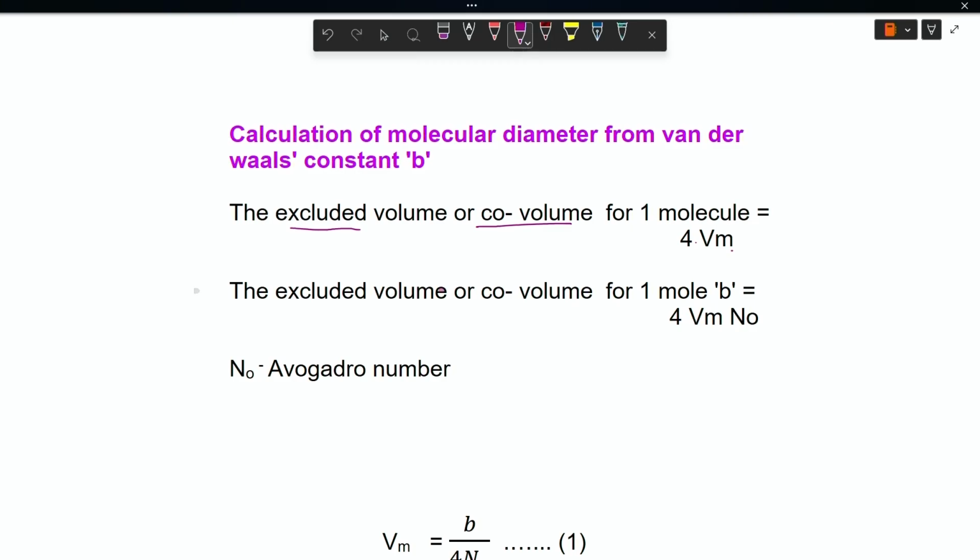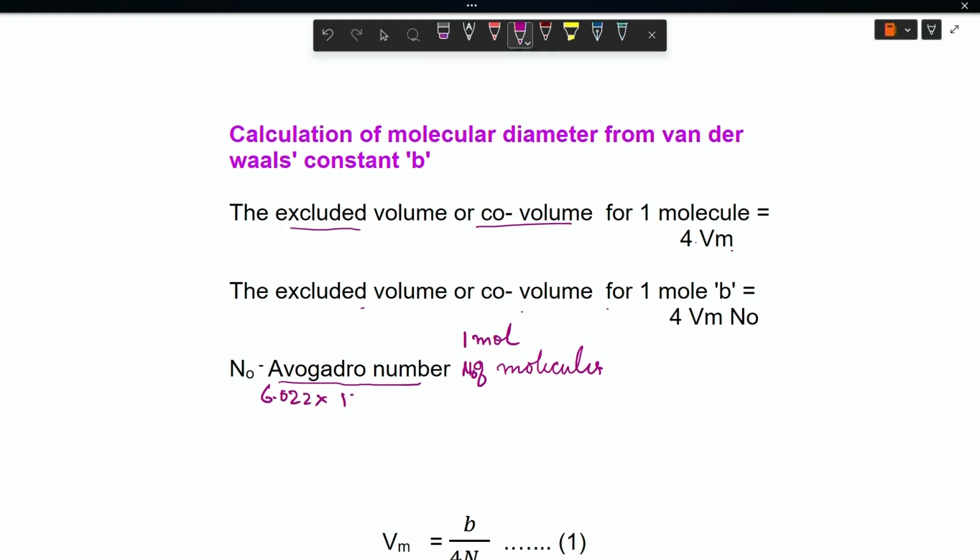The excluded volume for 1 mole means it contains Avogadro number of molecules, N0, that is 6.022 into 10 to the power 23.